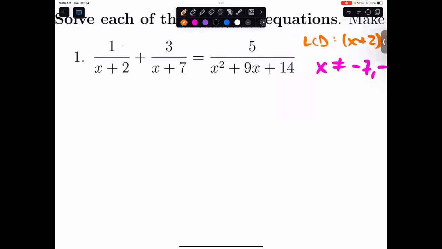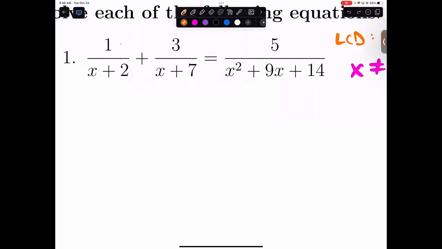This one we need to multiply by x plus 7 on top and bottom in order to, again, sort of build up to that common denominator, right? And in the next term, we're missing the x plus 2 part. The thing on the right is already over the LCD.